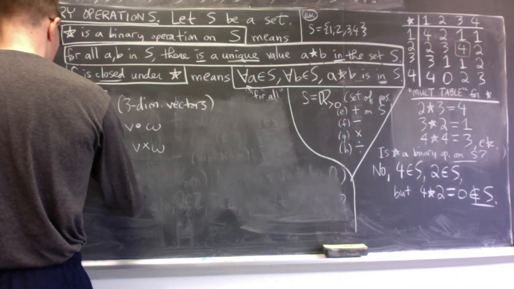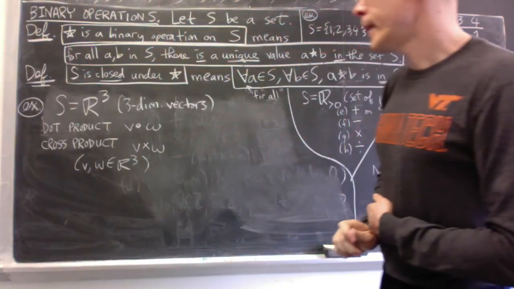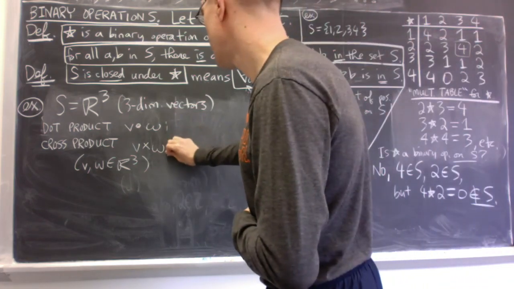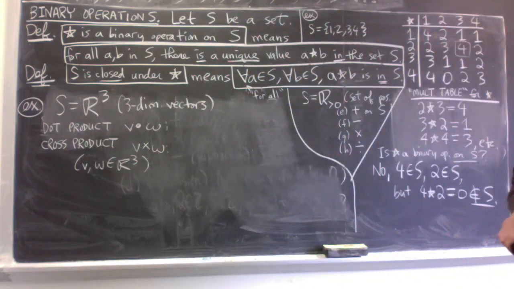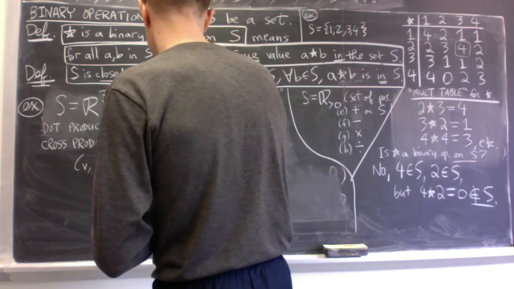So here V and W were 3-dimensional vectors. And I want to ask, are these binary operations on S? Think about that for a moment. Answer, the dot product is not. It's not a binary operation.